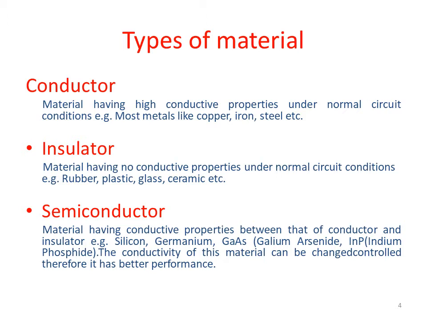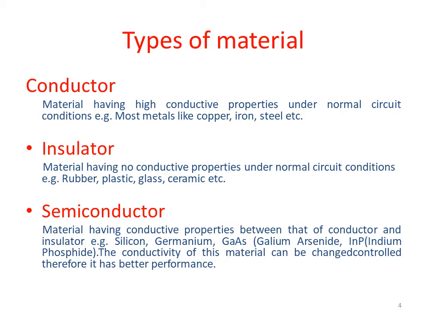They have a moderate flow of current as compared to a conductor, and the good thing about them is that the conductive properties can be controlled, like we can control how much current should flow through a specific piece of semiconductor material under normal circuit conditions, right?